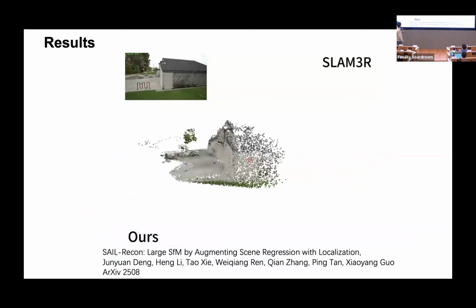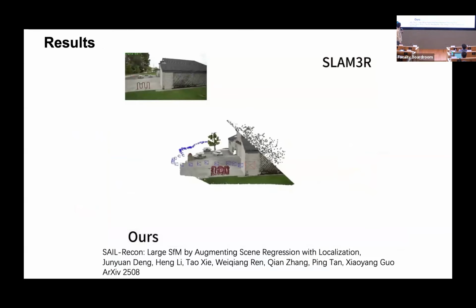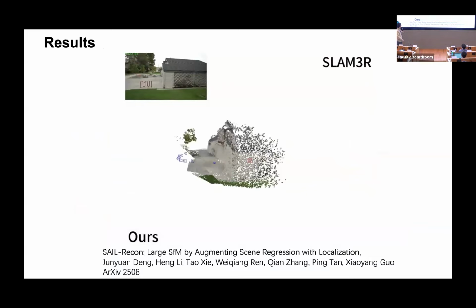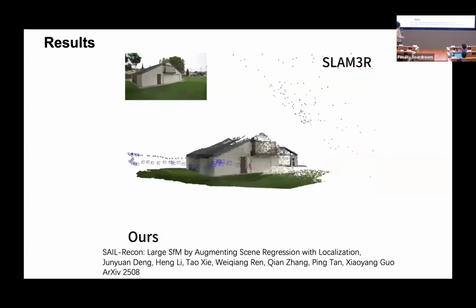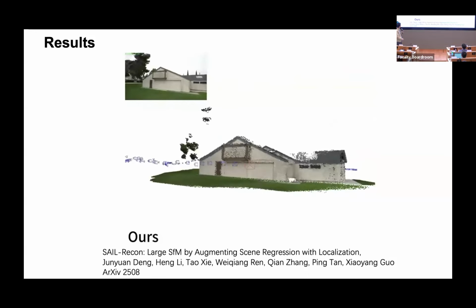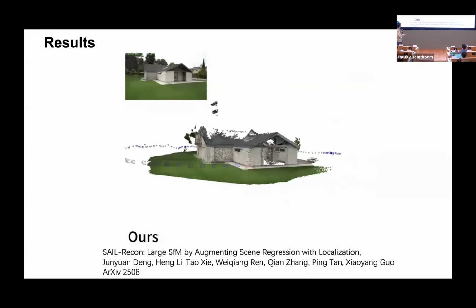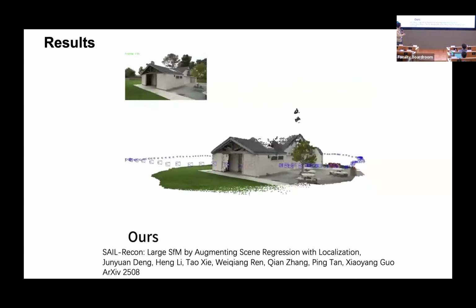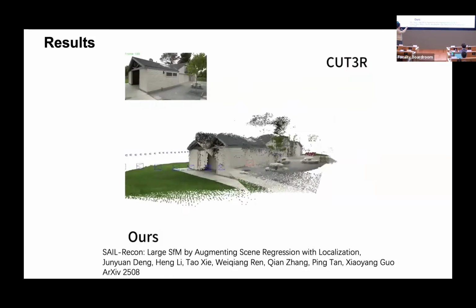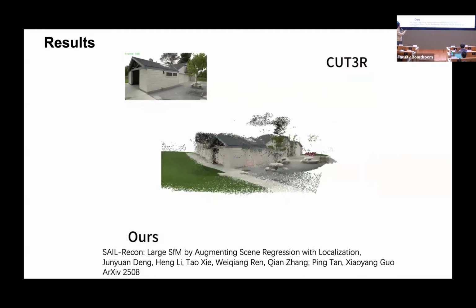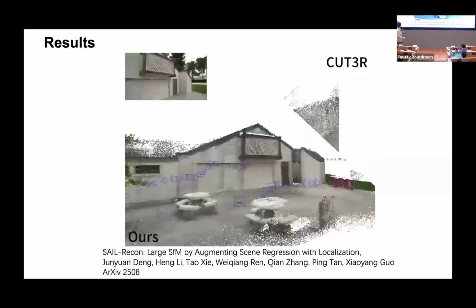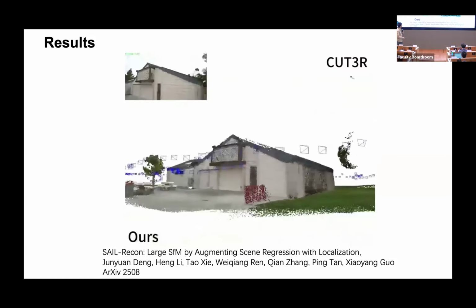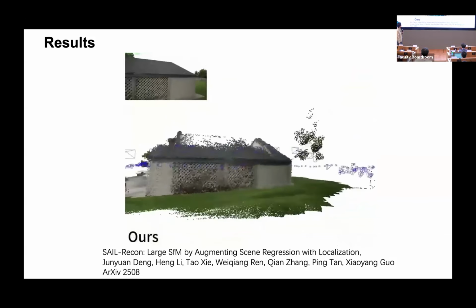The input is this video on the upper left corner, and showing in the middle is our 3D reconstruction. We're comparing with some relevant works. For example, with Cut3R, you can see its 3D reconstruction is mostly distorted, and we get a better 3D quality.